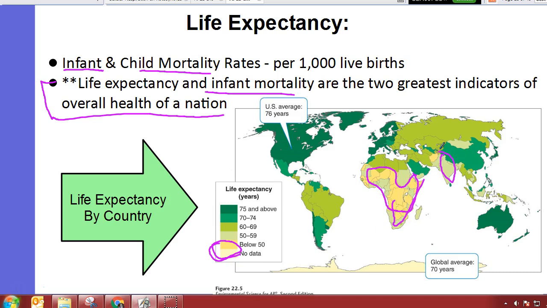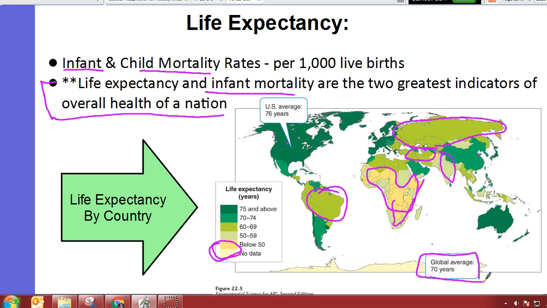We're not living super fast, even though they have the highest life expectancy.